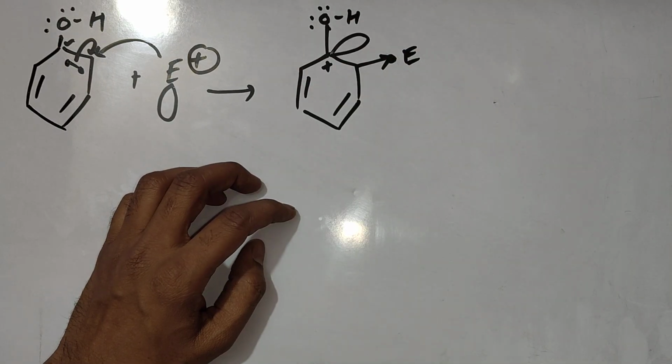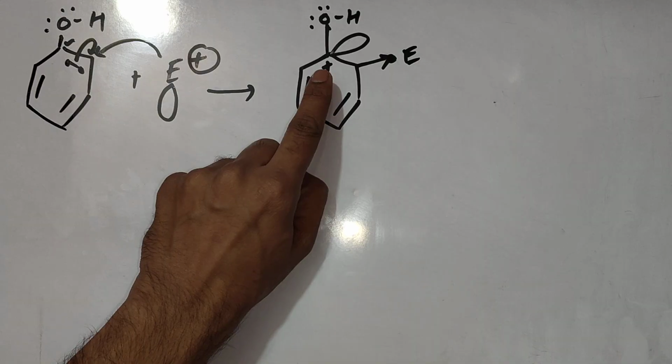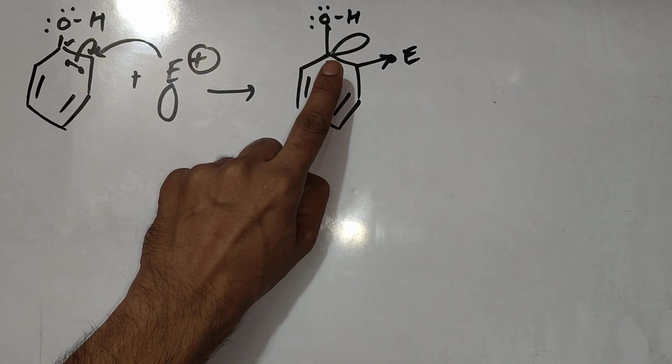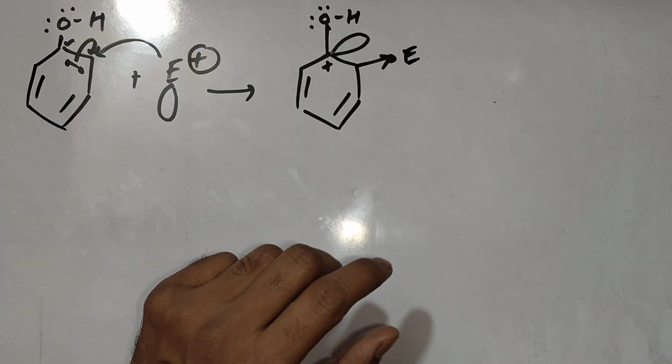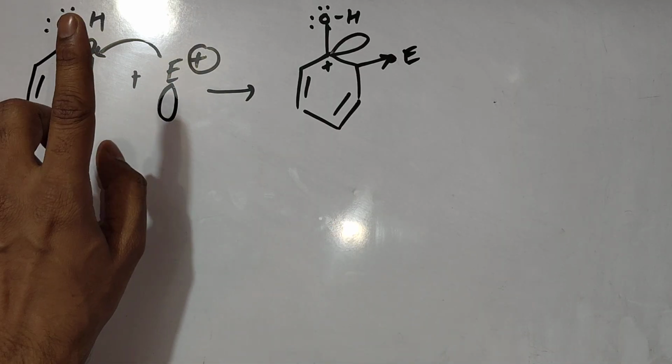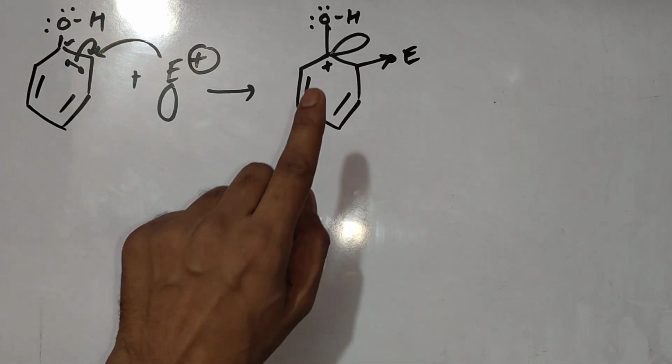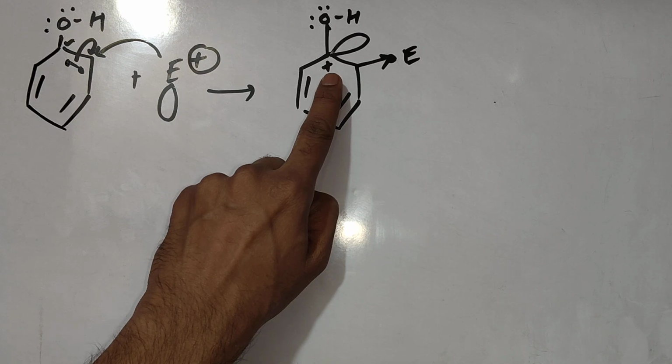Now this is the carbocation which is generated as an intermediate after attack of the electrophile. And which position I have attacked, you can check. Ortho position I have attacked and I got this carbocation.